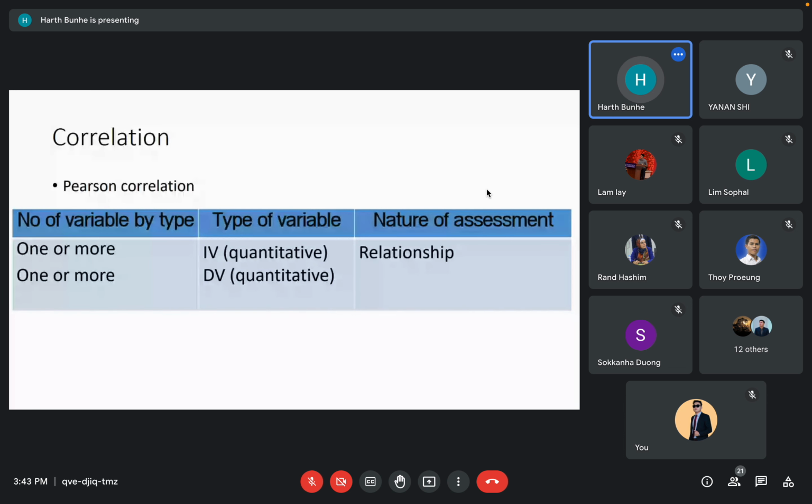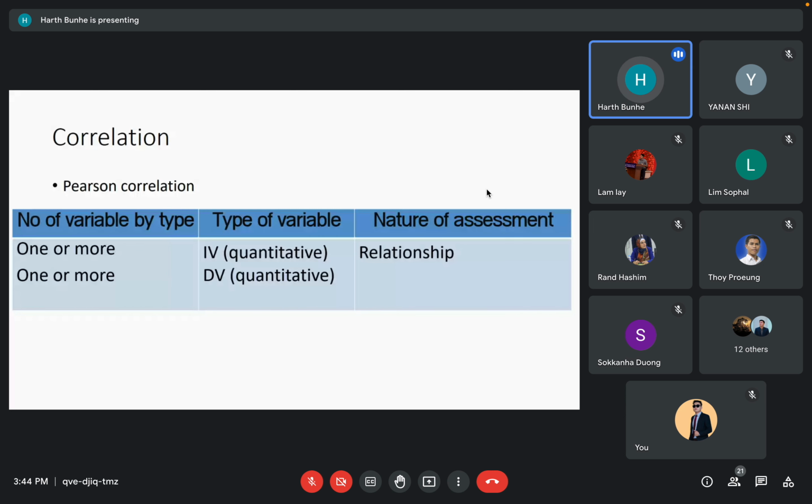The difference is just between the variables, whether they are both quantitative, or one is quantitative and one is qualitative, or we can say categorical or ordinal. It needs some specific correlation analysis. But here I will talk about Pearson correlations only.